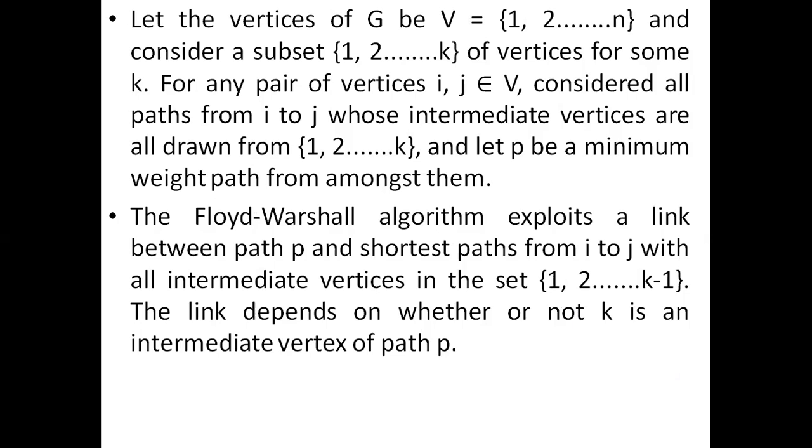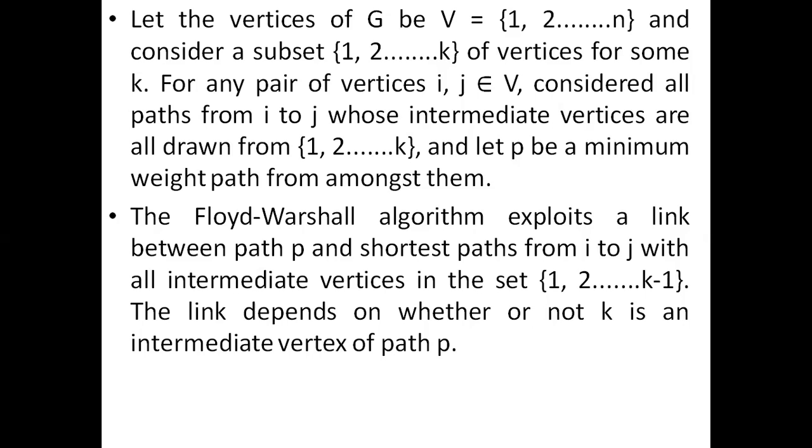For any pair of vertices, any vertex to any other vertex, we have to consider the path from i to j whose intermediate vertices are all drawn from 1 to k, and be the minimum weight path.